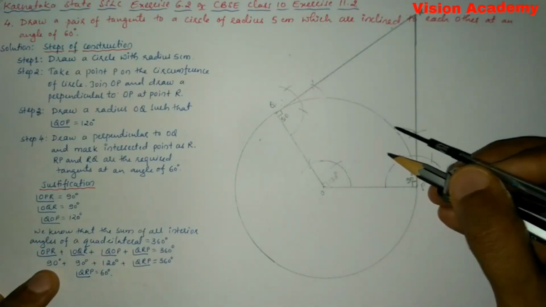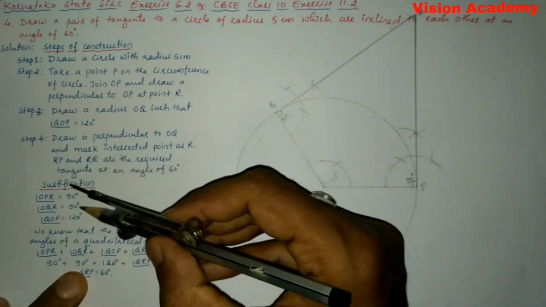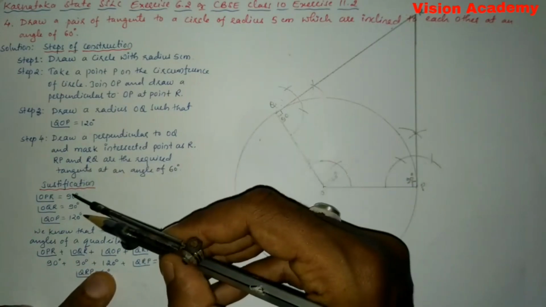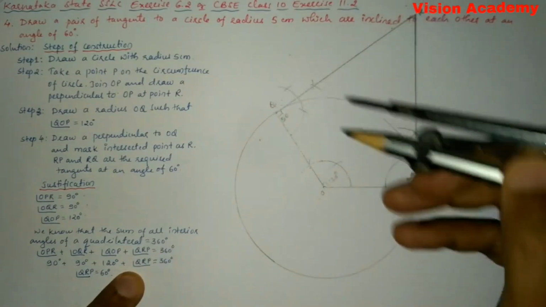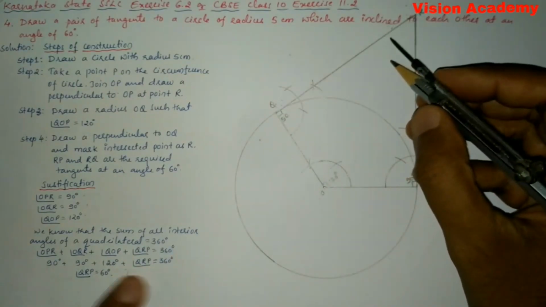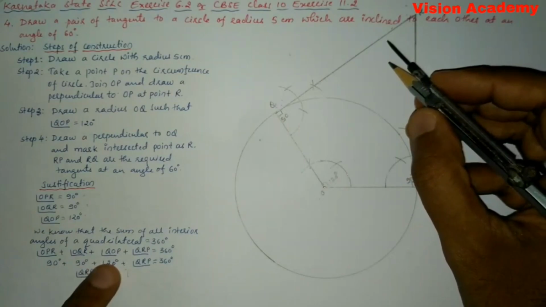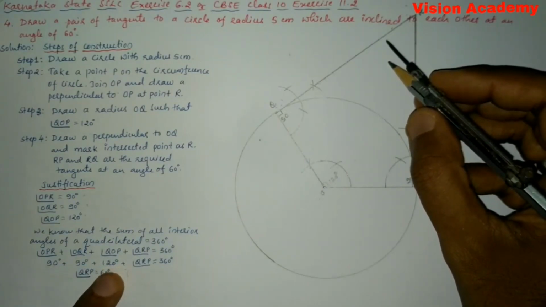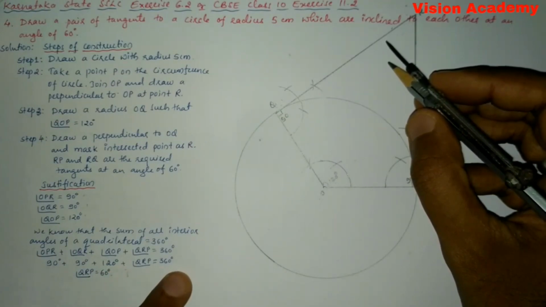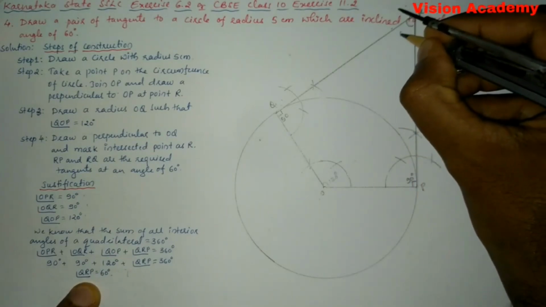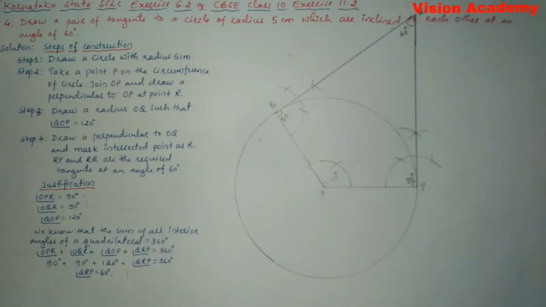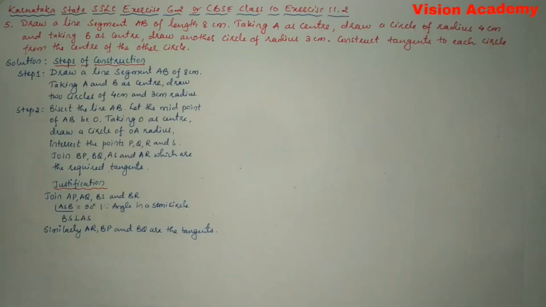So here angle OPR is 90 degree and OQR is also 90 degree and QOP is 120 degree, and we need to determine QRP. So after summing up all these, 90 plus 90, 180, 180 plus 120 gives us 300. If I transpose this 300 from LHS to RHS, it will become 360 minus 300. This gives us 60. So here this angle forms 60 degree. Hence the justification.